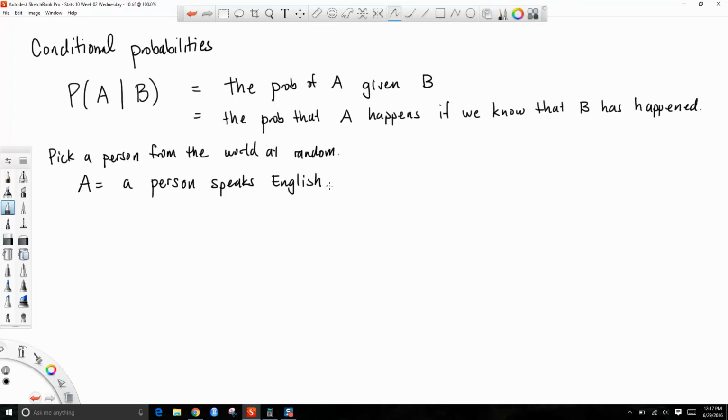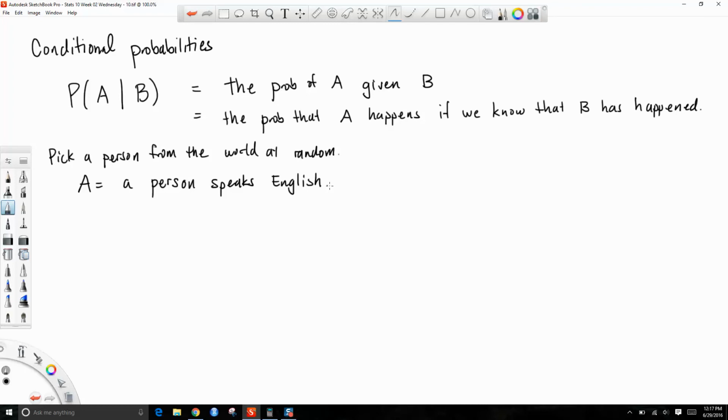Okay, so English, it says 339 million people who speak English?